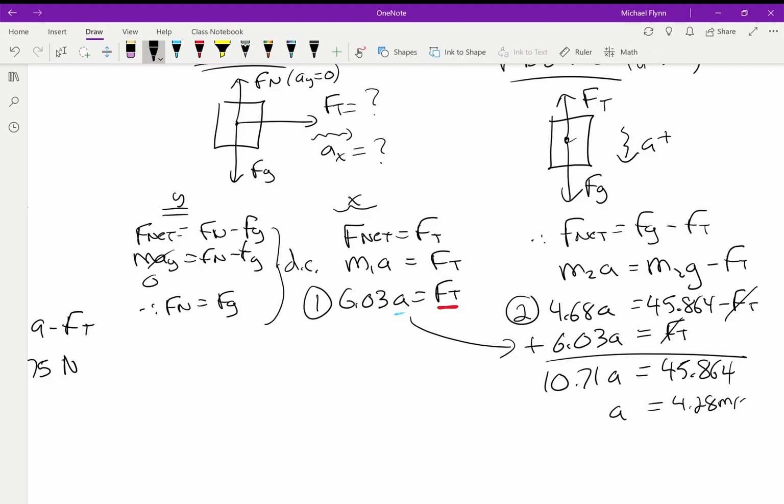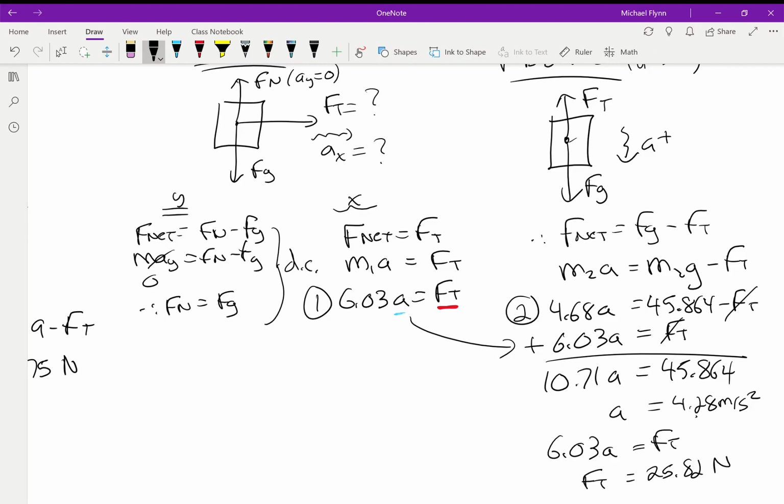And then to find the tension, I just multiply that by 6.03, and I get 25.82 newtons. So just substituting that number back into equation 1, 6.03a equals Ft. So therefore Ft is equal to 25.82 newtons.